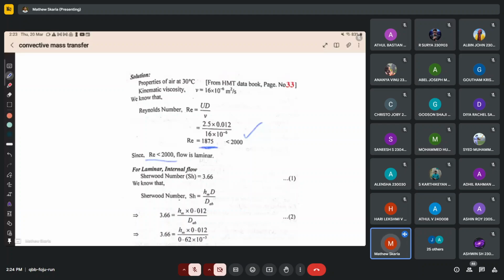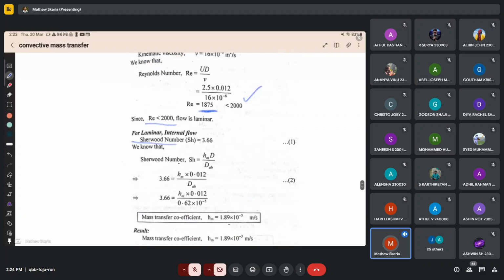For laminar flow, from the HMT data book, you have to get this expression: the Sherwood number is 3.66. The Sherwood number is equal to hm times d by DAB, where instead of L it is the diameter d, and DAB is the diffusion coefficient.